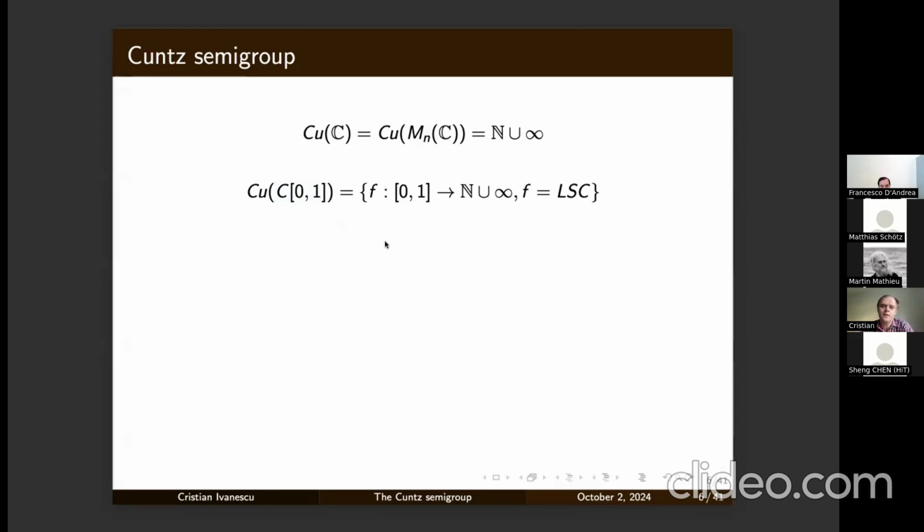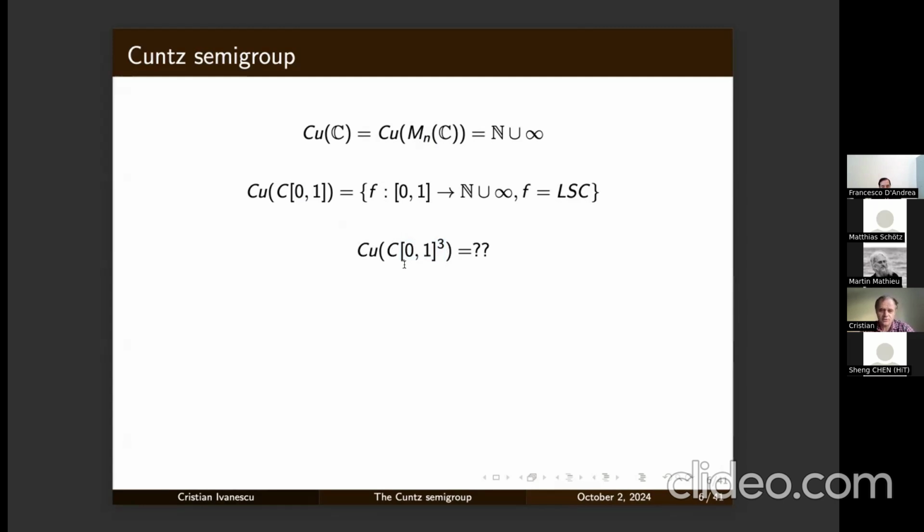Okay. And now what I want you to pay attention to is this: say I replace the closed interval [0,1] with the cube. To date, as far as I know, nobody has a calculation and an answer for this Cuntz semigroup. If you compare this with K-theory, because this cube is contractible, K0 is actually going to be Z just because it's contractible.